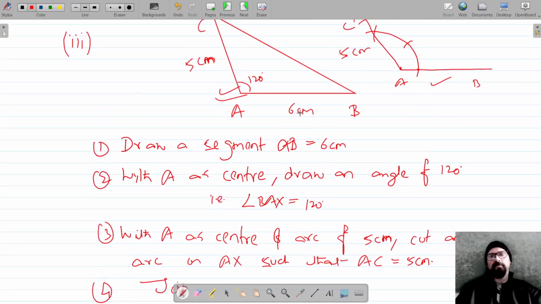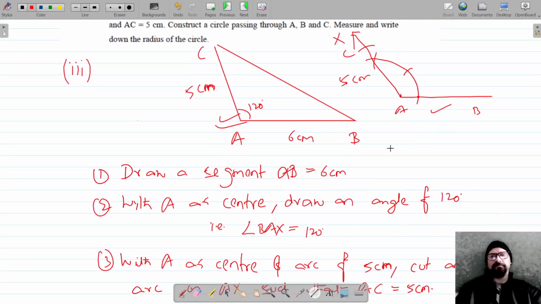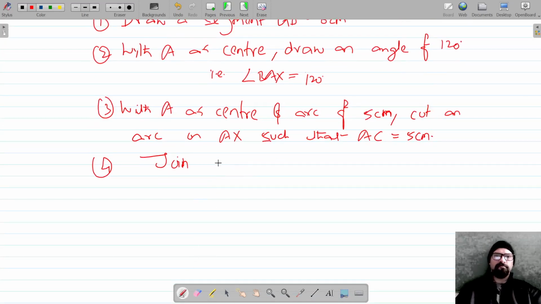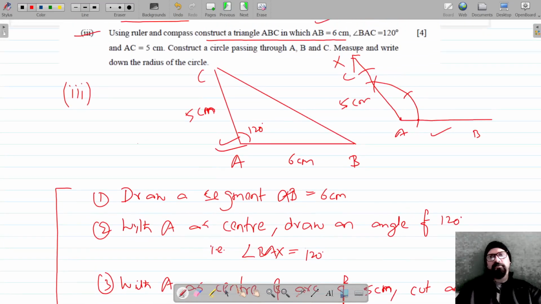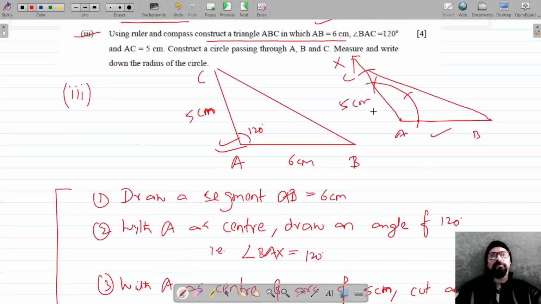Now, next you have to join B to C. So this is how you construct a triangle ABC.